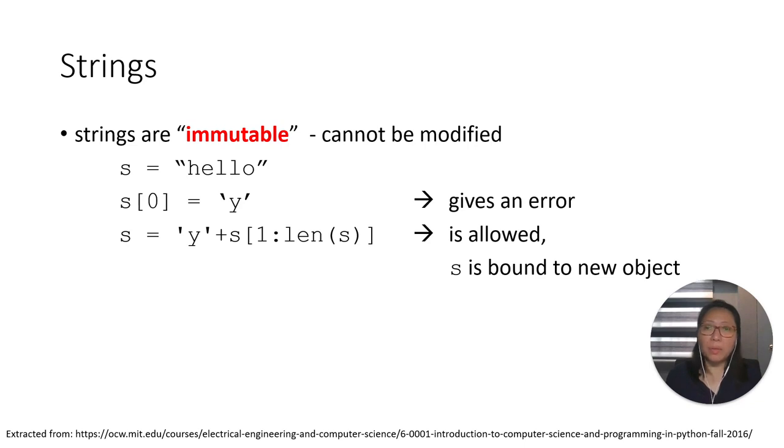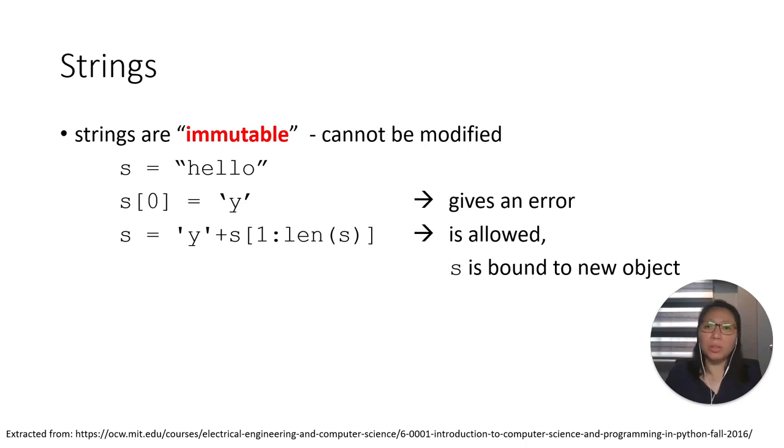For now, let's define immutable as an object that cannot be modified. So here, the string object cannot be modified. We cannot change the elements or the characters in a string variable.